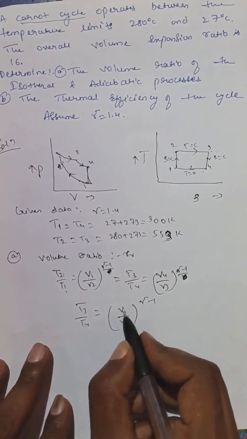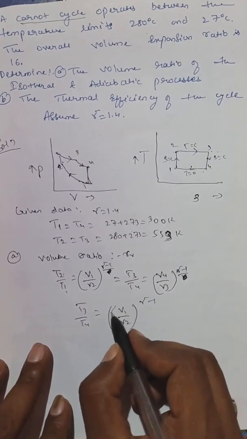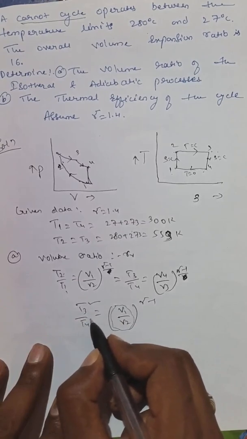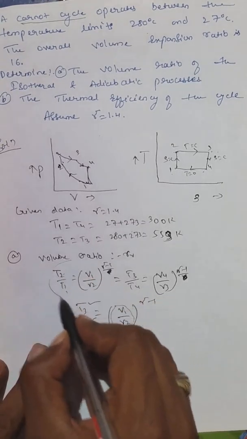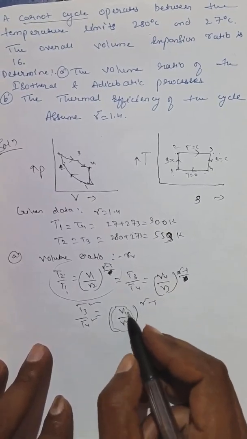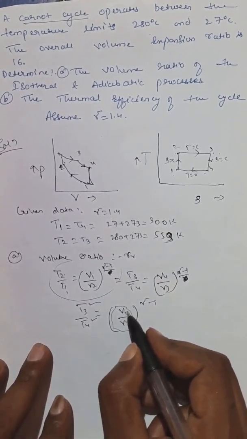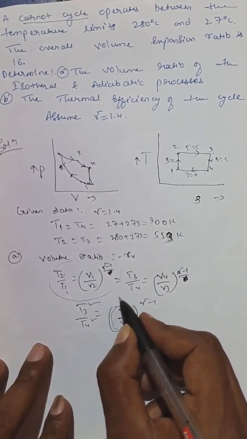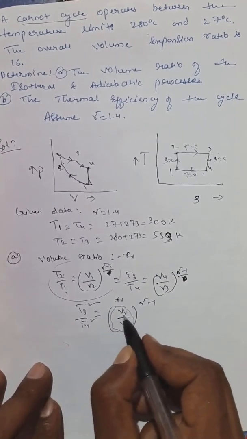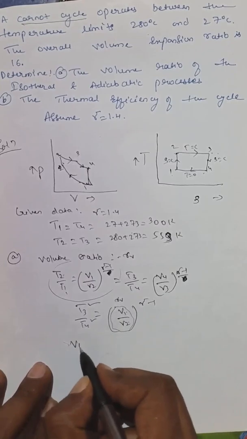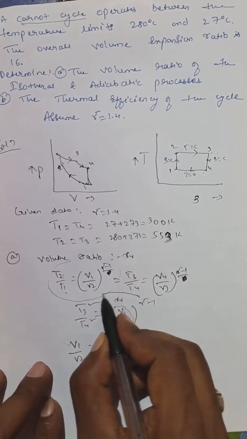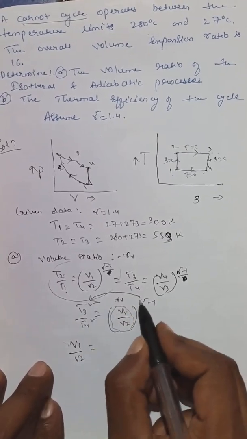We are supposed to find out this ratio. We know the value of T3 and we know the value of T4. Whereas this V1 by V2 you need to find out, this is RV, the compression ratio. So when we are supposed to find out V1 by V2, take it on one side and take the power term on the other side.